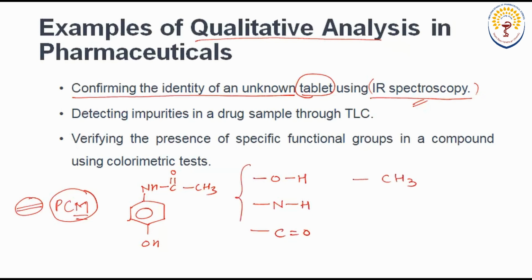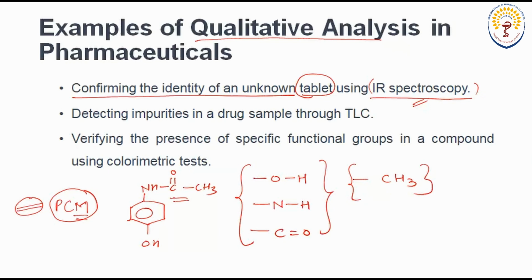It tells us the type of bonds present, and by this information we can easily tell that the bonds paracetamol has are present in the sample. So we understand that PCM is present.